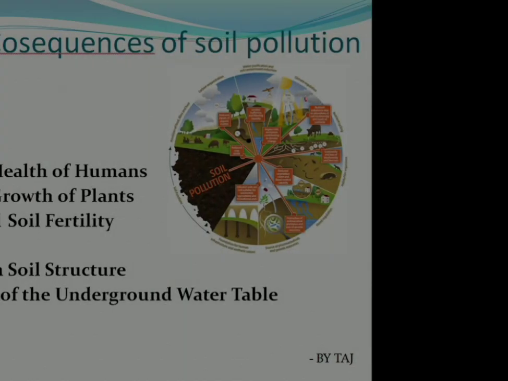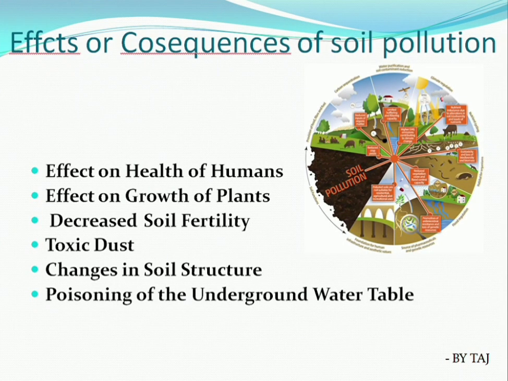So coming to the effects we are going to face because of soil pollution made by us only. The effect will occur on the health of humans. Human health will be destroyed because of this soil pollution. Effect on the growth of plants: the plants will not grow properly, and the soil will not give fertility. Fertile soil will give fertile and healthier plants, and animals will be healthy.